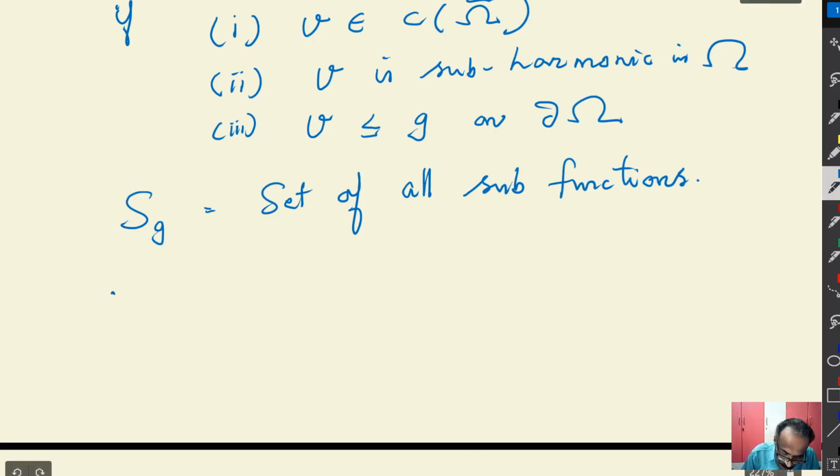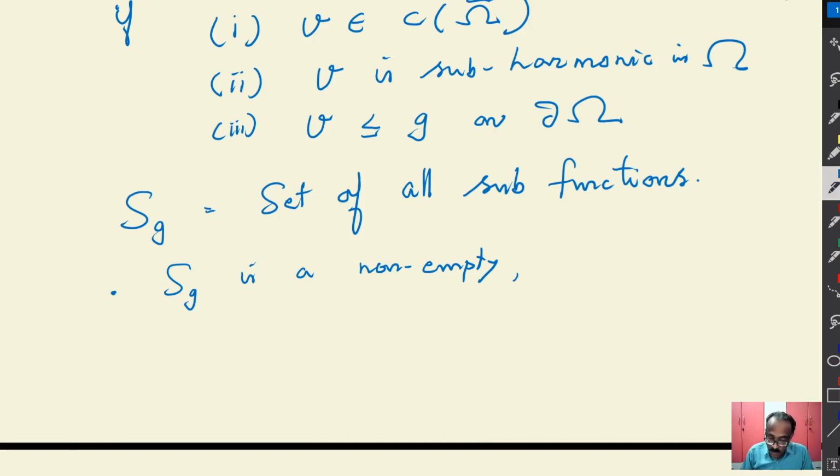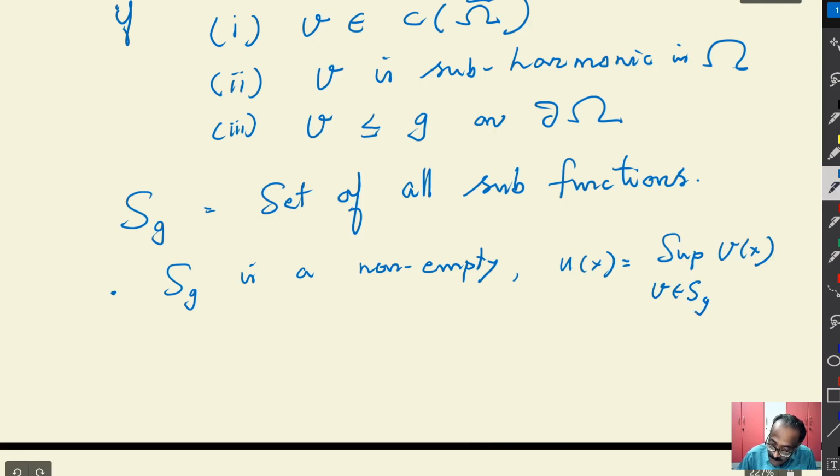Next class we will prove S_g is a non-empty set. And eventually, by maximizing, you will get a harmonic function. We are going to define a function u(x) equal to the supremum of v(x), where v is in S_g, and it is harmonic.